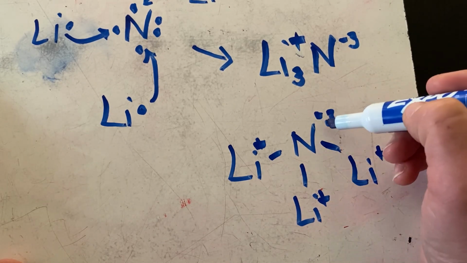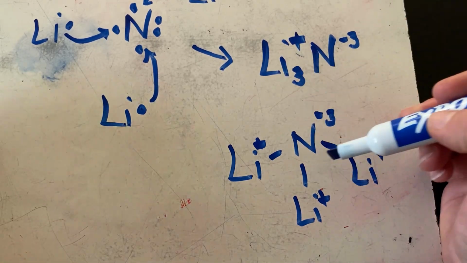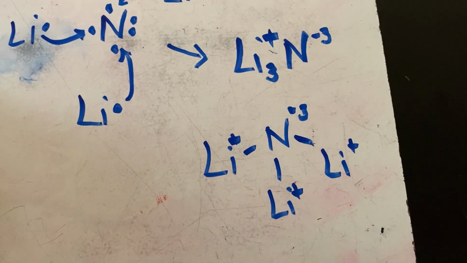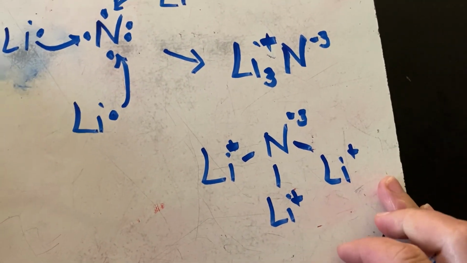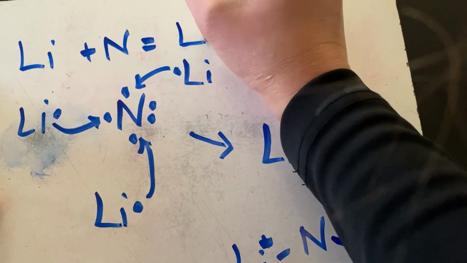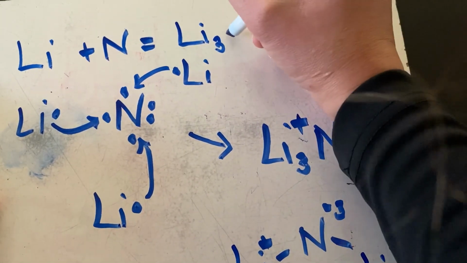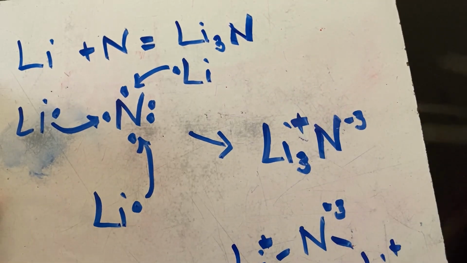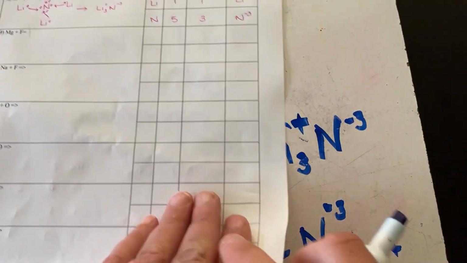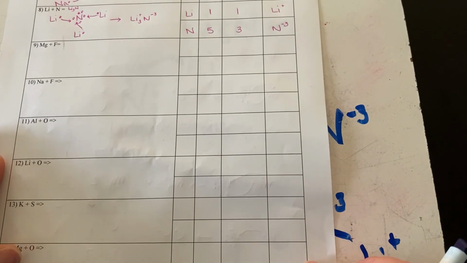And that's going to be minus 3. So either of these 2 ways to draw it out is fine with me. And then you'll have to come back up to the top of the equation and say that you have Li3N for the result on the worksheet. And your worksheet should end up looking something like this.